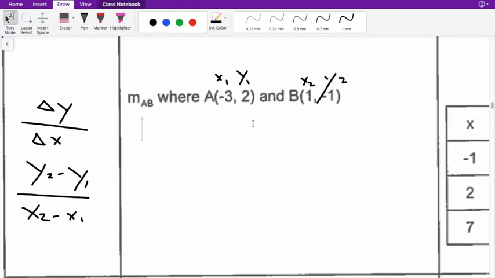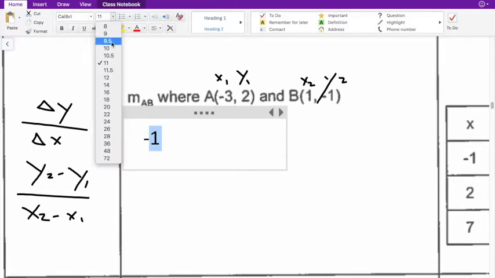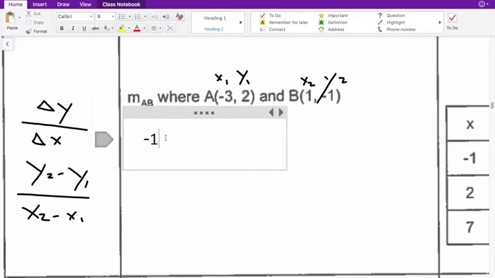So if we take a look at this, we have negative 1, oh, let's move that down a little bit, and let's make this font nice and small. But minus 2 over 1 minus negative 3. Okay? So this is going to equal negative 1 minus 2 is going to equal negative 3.